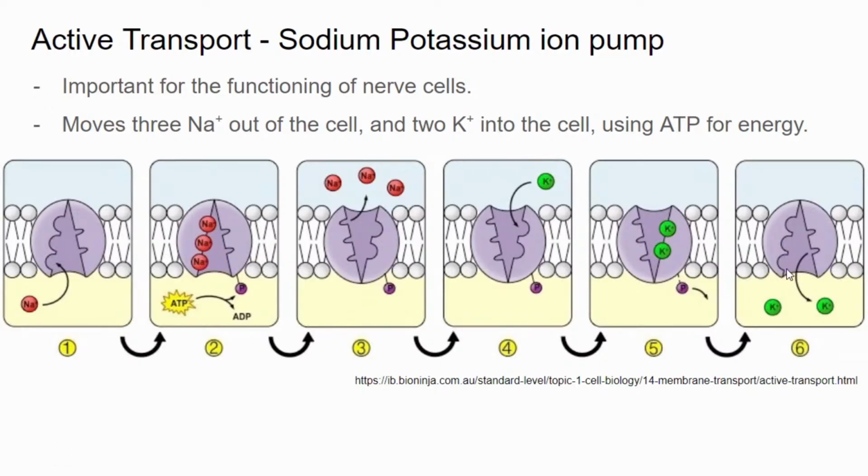Its original shape is open to the inside of the cell, so our potassium ions are able to be released from our protein pump and into the cell. So we have this active process which requires ATP, and we see the net movement of 3 sodium ions to the outside of the cell and 2 potassium ions to the inside of the cell with each cycle.